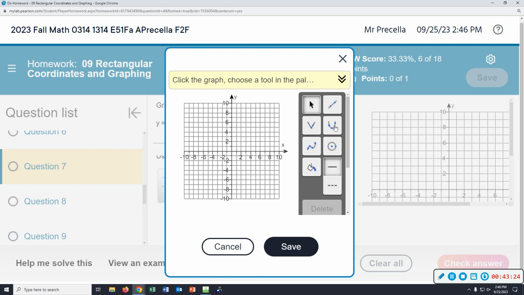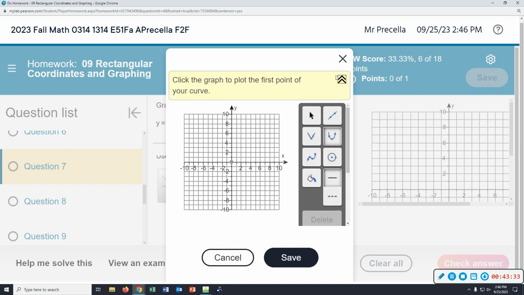But we have 3 points, and it's quadratic. So we click the 3-point quadratic tool. And what's the first ordered pair? -1, 2. Is that it? Yes. What's the next one?